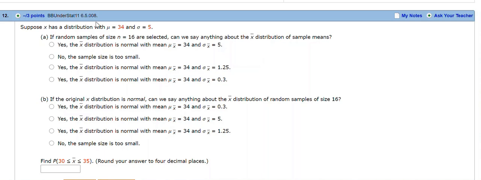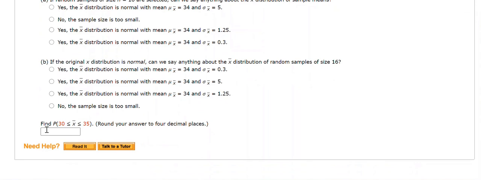So this mu is the population mean, but the x bar is the sample mean, so we have to be careful about this x bar. And so when I look down here at the probability between 30 x bar and 35, when we looked at problems before, there was just an x there, not an x bar.